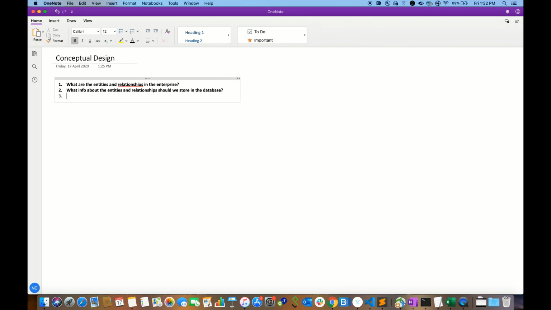And lastly, it should answer what the integrity constraints or business rules are that hold. So these are the questions that every entity relationship model should answer.